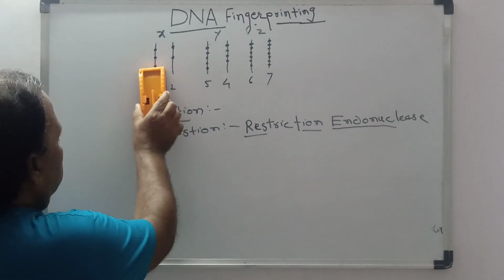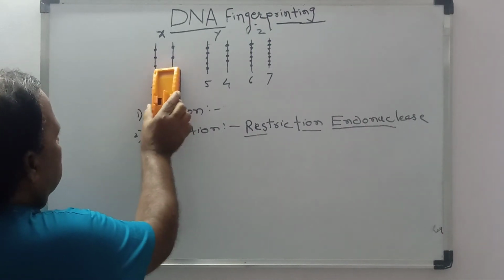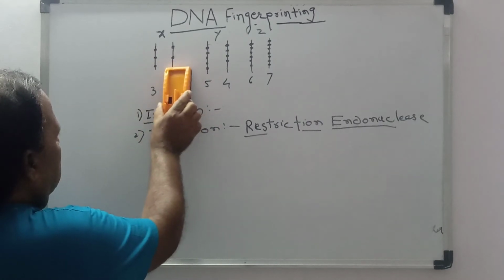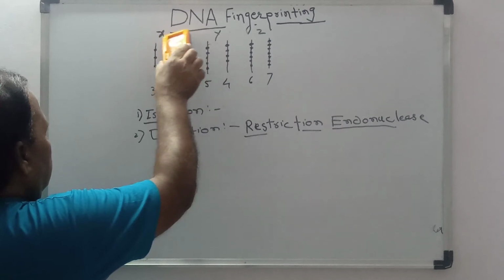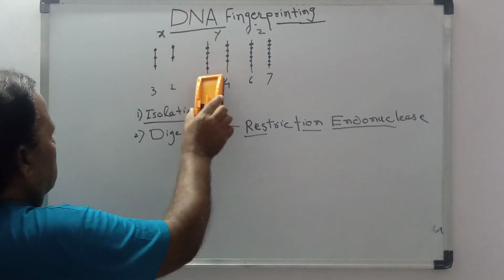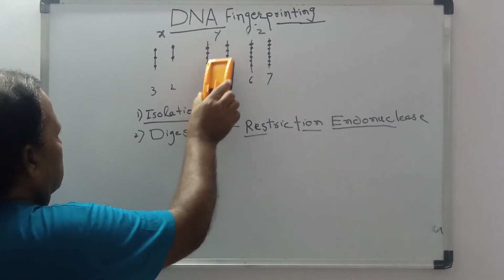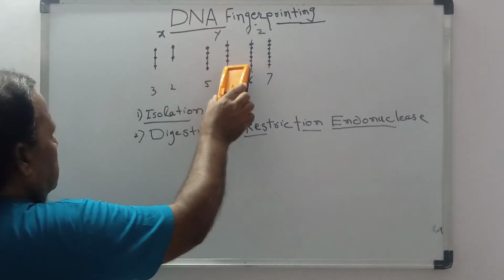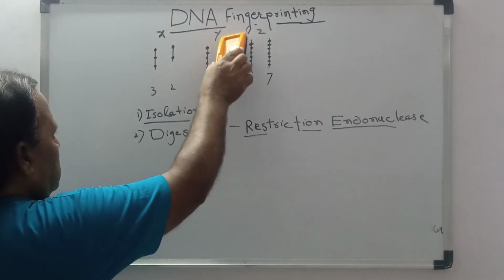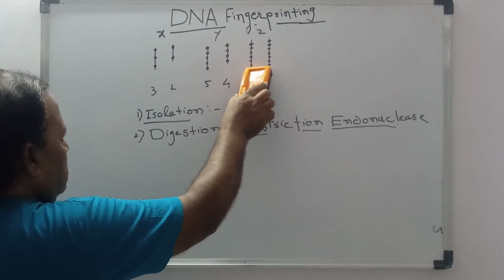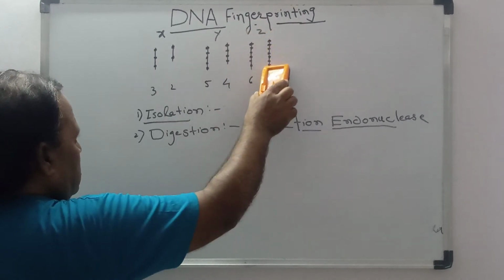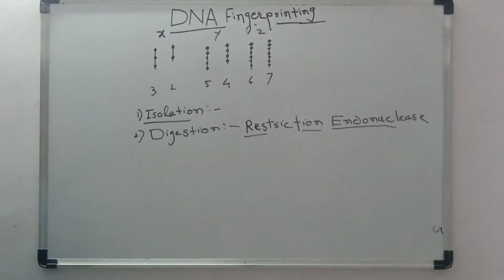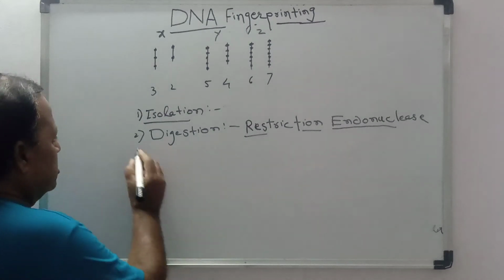So, suppose this cuts this DNA from here. It cuts the DNA from specific points like this. So, the second step is called digestion.